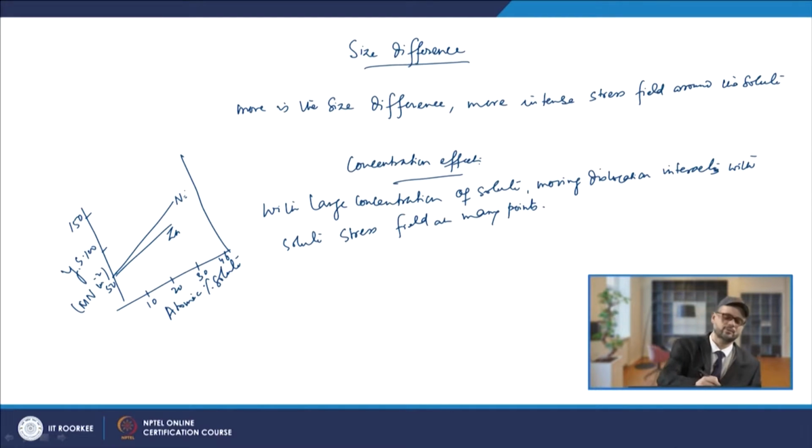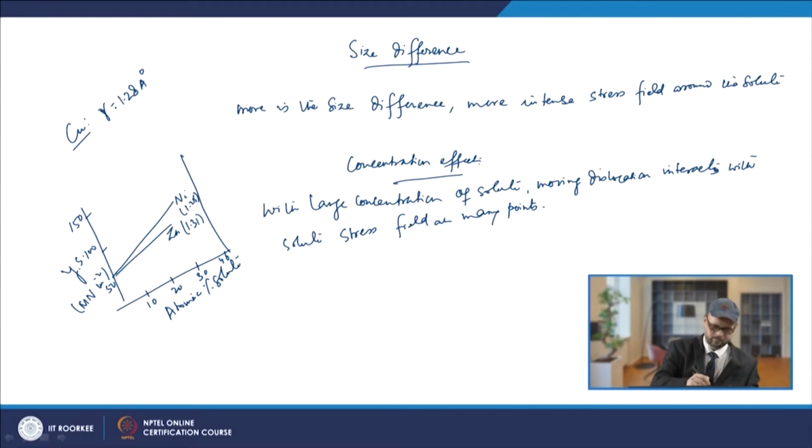If you take copper, its radius is about 1.28 angstrom. The other atoms, zinc and nickel, have radii of, suppose, zinc 1.31 and nickel 1.25.